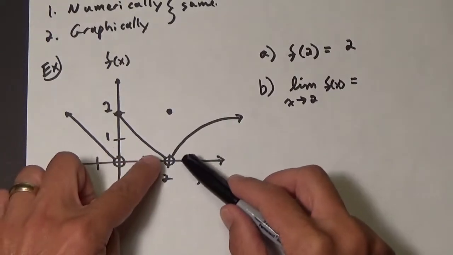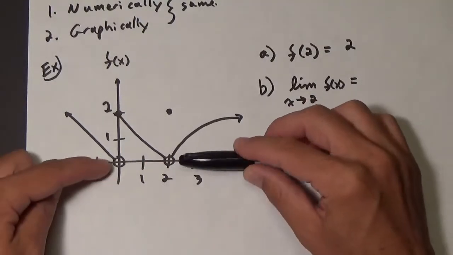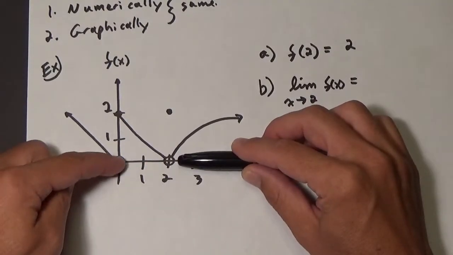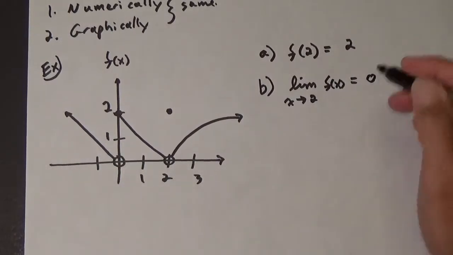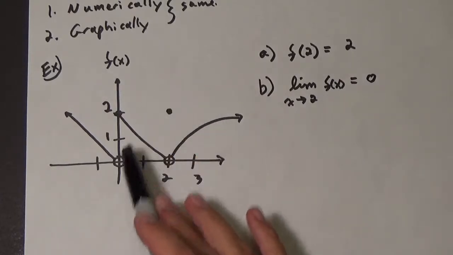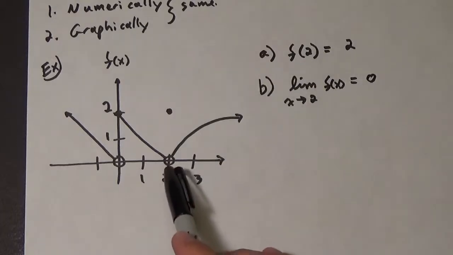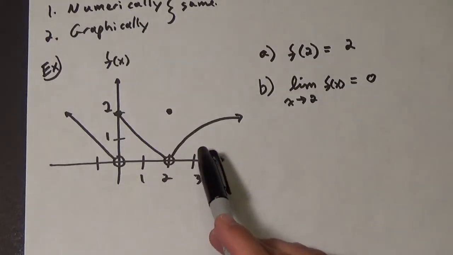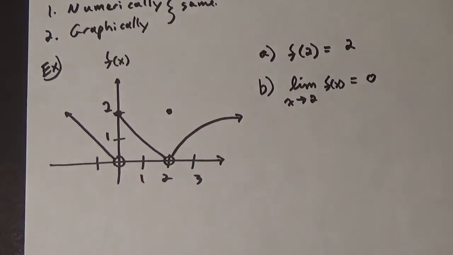And we're going to notice that as we get closer and closer to 2, we seem to be getting to the value of 0. Okay. So here's a good demonstration graphically of what's going on with a limit. And again, it doesn't matter what's happening at x equals 2, even though at x equals 2 we're way up here. All that matters is what's happening as these two sides are approaching 2.